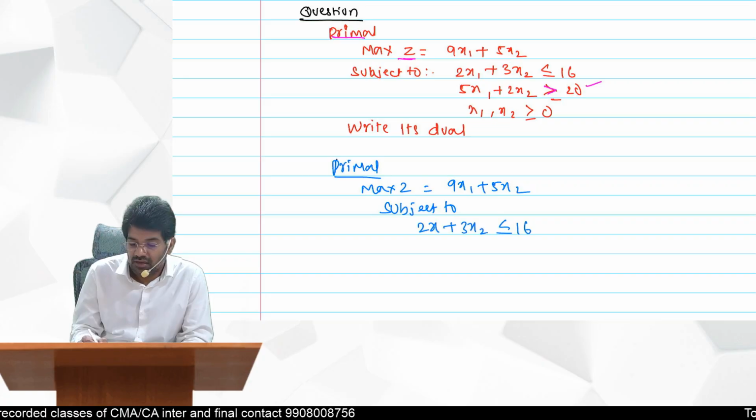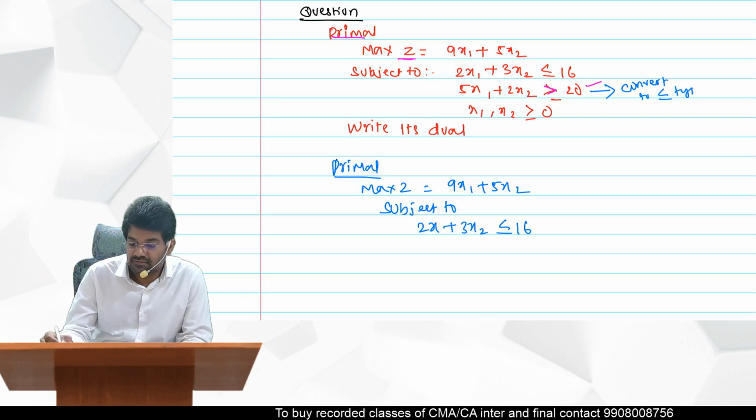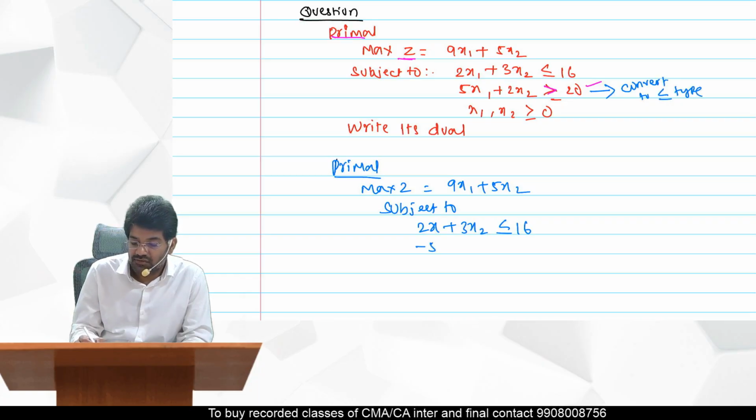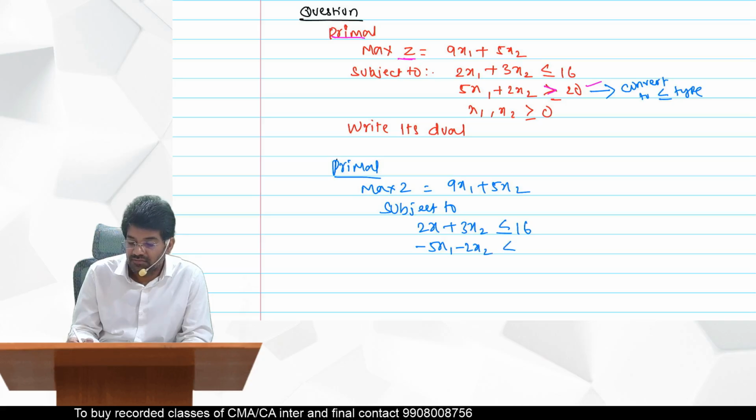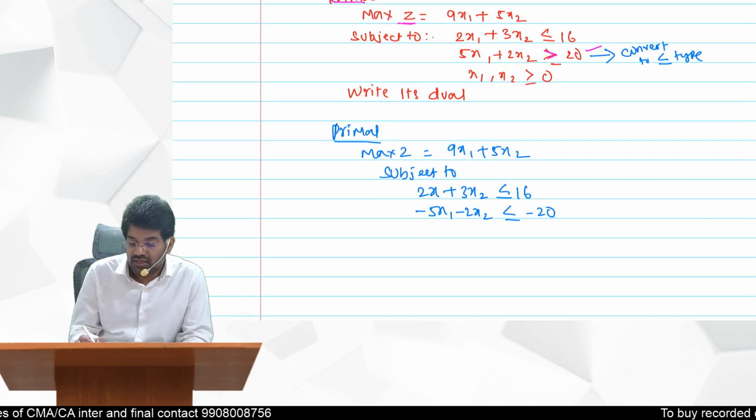Second one, now multiply with -1 on both sides and convert to less than or equal to type. So -5x1 minus 2x2 less than or equal to -20. x1, x2 greater than or equal to 0.